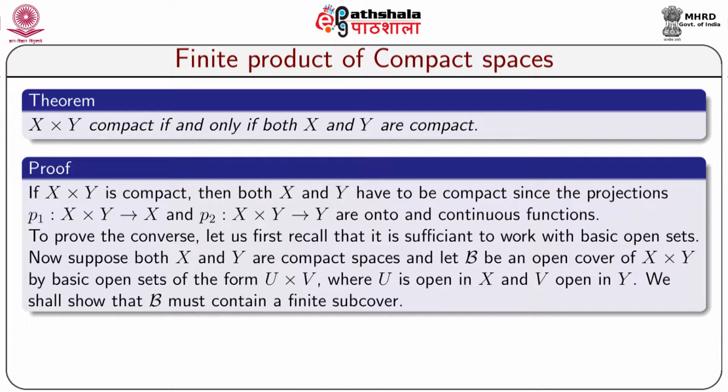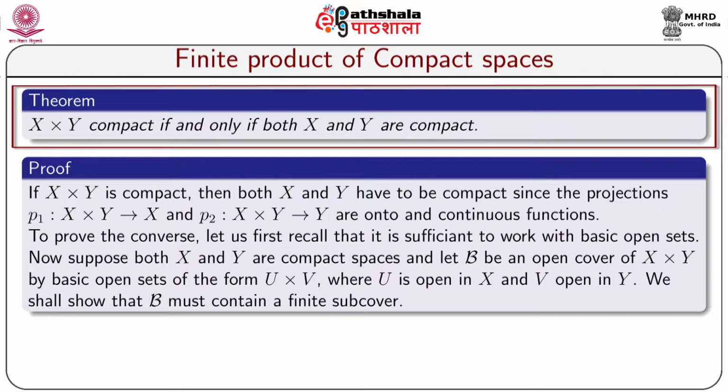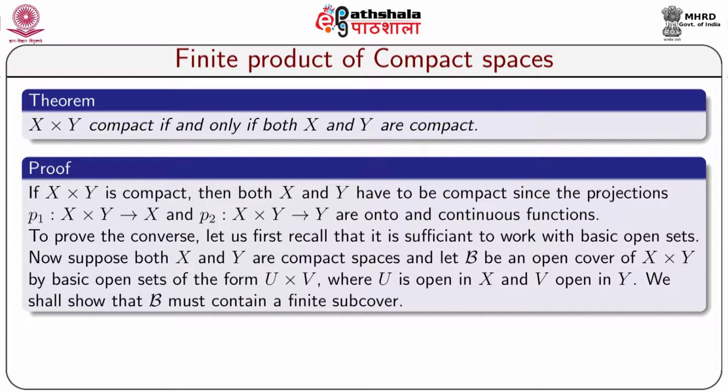Now, we are in a position to prove that X cross Y is compact if and only if both X and Y are compact. One part is very much clear: if X cross Y is compact, then each factor space is compact, because projection maps are continuous and compactness is preserved under continuous image.